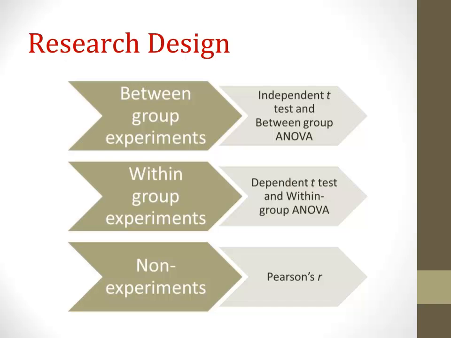And so oftentimes an analysis that is aimed at looking at the relationship between variables is Pearson's r or Spearman's rho. So in these non-experimental situations, the data is examined using a correlational analysis. We'll talk about each of these different types of analyses in more depth in future tutorials, but here it's simply important for you to understand how the purpose of the research design informs and guides the choice of the statistical analysis.